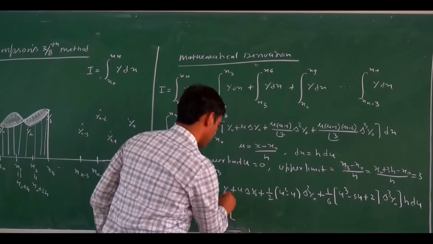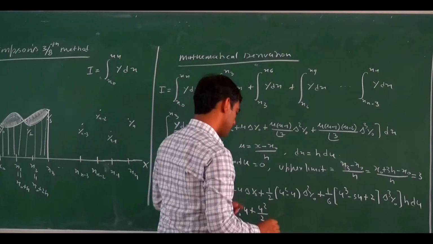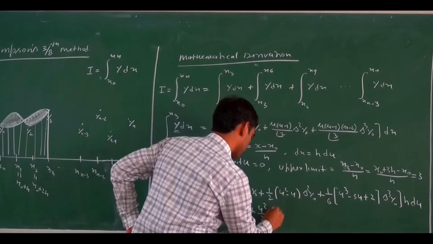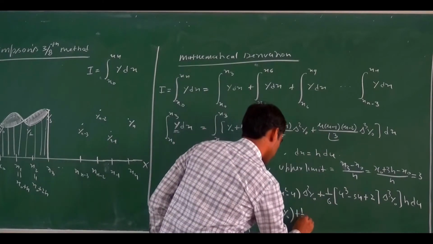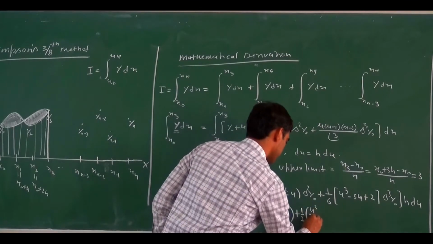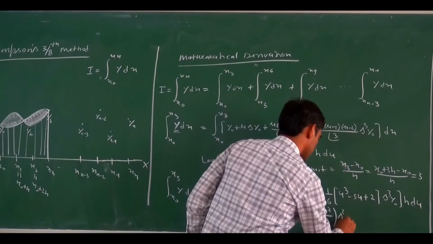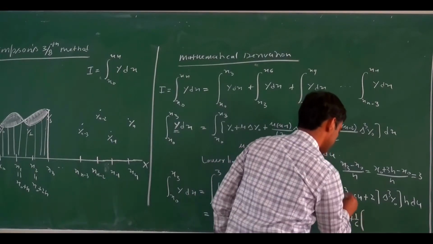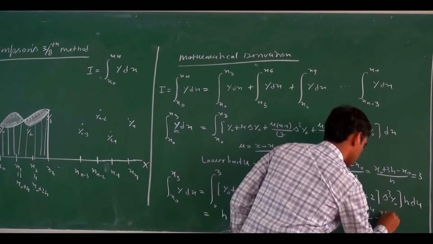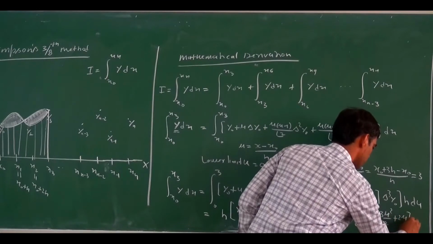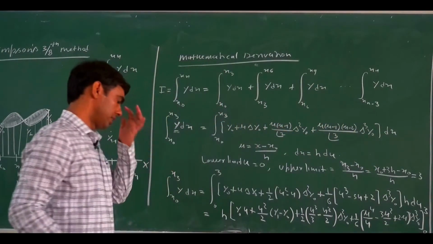Inside, we get y0 u plus u²/2 Δy0, where Δy0 can be written as y1 minus y0, plus 1/2 times (u³/3 minus u²/2) Δ²y0, similarly plus 1/6 times (u⁴/4 minus 3u²/2 plus 2u) Δ³y0, with limits 0 to 3.